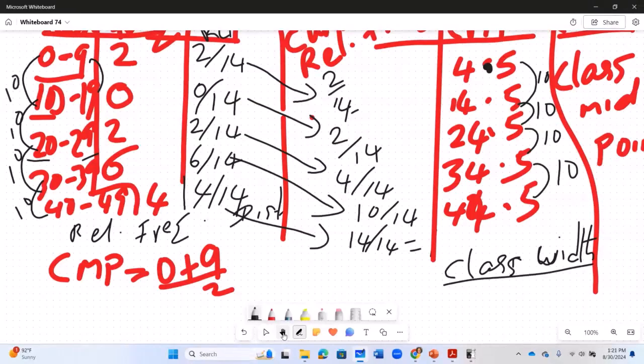After that, we found a 5-number summary, and we drew a box plot and filled it with the 5-number summary. We found our quartiles, and we found out that there's something called the interquartile range. The interquartile range is Q3, the third quartile, minus the first quartile.